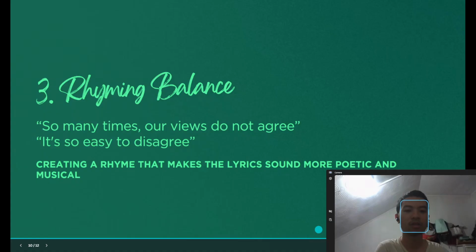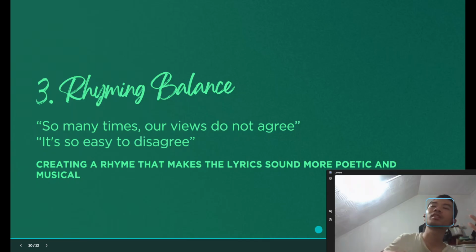I choose both lines to end with the same sound, creating a rhyme that makes the lyrics more poetic and memorable and also musical, I guess.